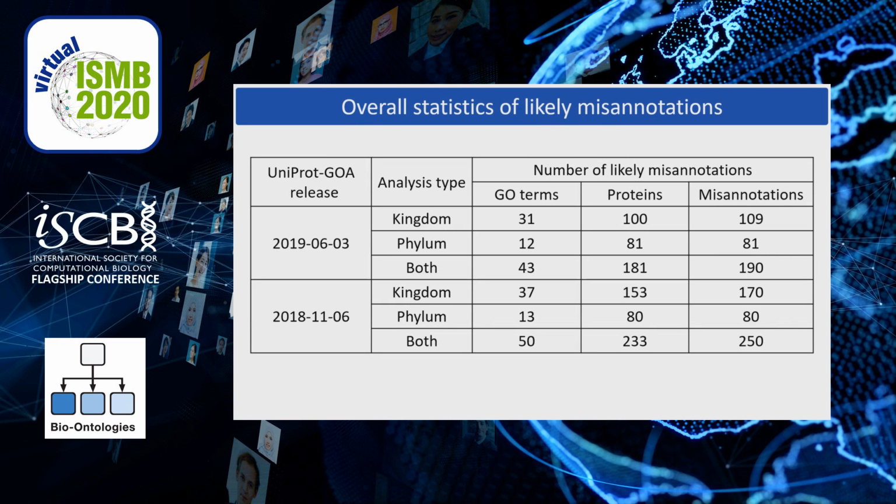By reviewing annotations detected through this ratio of annotation rate analysis, we find around 250 incorrect annotations among the 20 species we study, as shown for UniProt GO annotation 2018 and 2019.